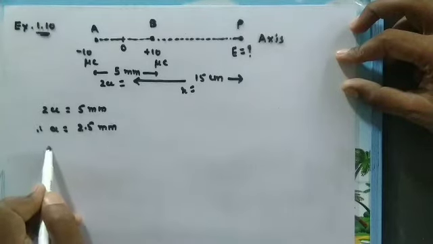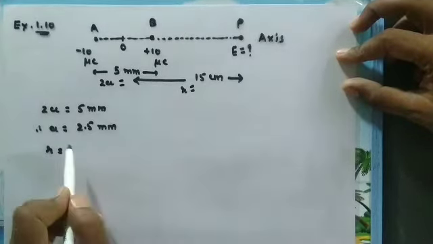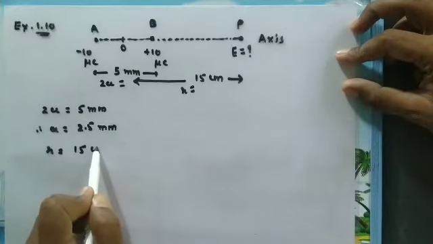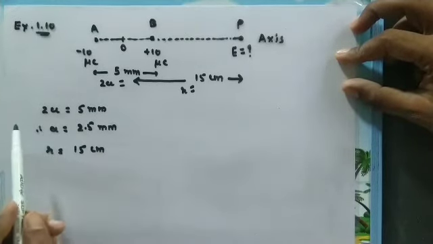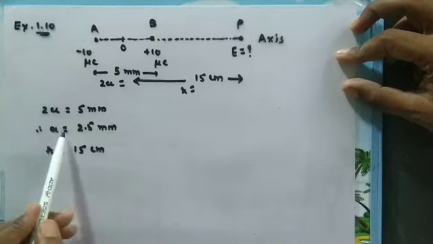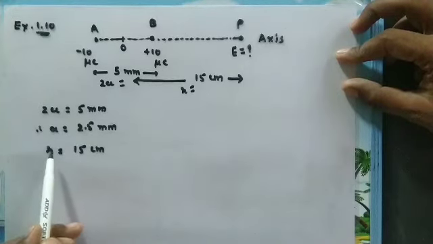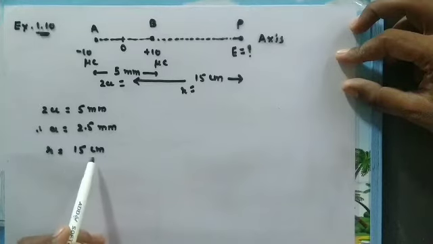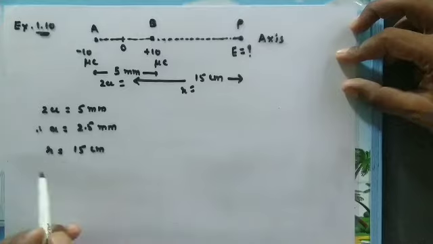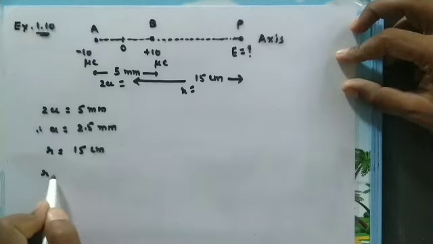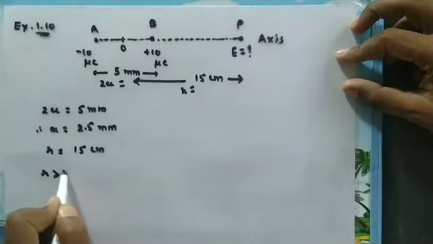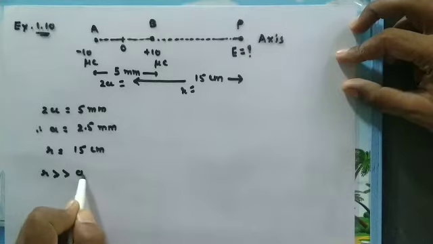Also, R is equal to 15 cm. So compared to this distance A, which is 2.5 mm, the distance R is very large, in centimeters. So here the condition is that R is much greater than the distance A.